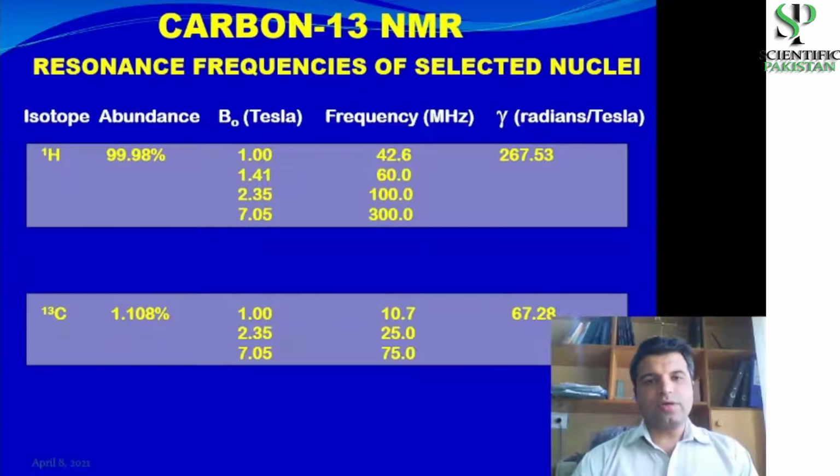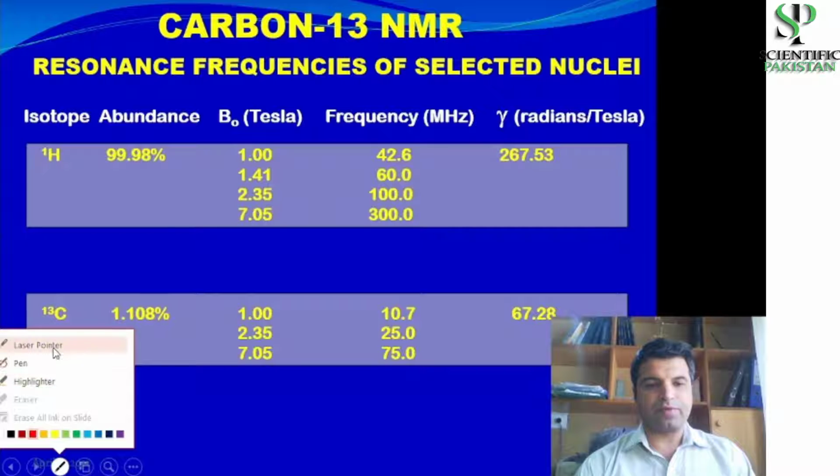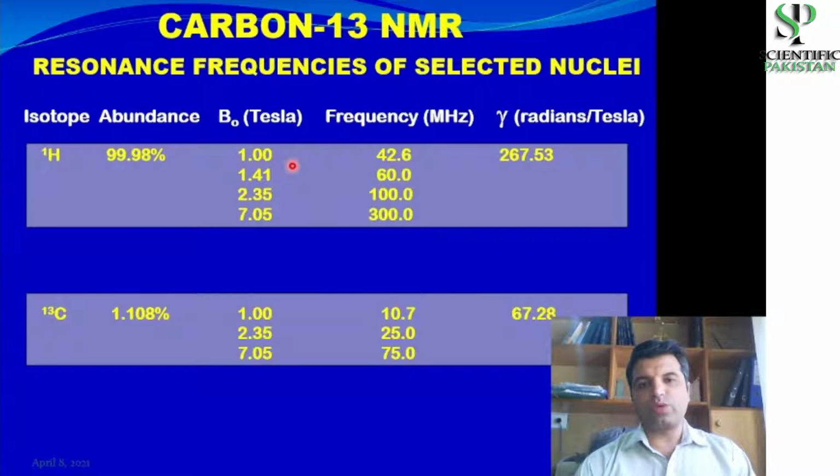As I told you earlier, there is a slight difference between proton and carbon-13 when it comes to NMR, and one of the basic differences is their Larmor frequencies under the same conditions of applied magnetic field. When we have similar magnetic field strengths like 7.05 tesla for both proton and carbon-13, the Larmor frequencies are different. That is, the carbon-13 frequency is 4 times less than that of proton.